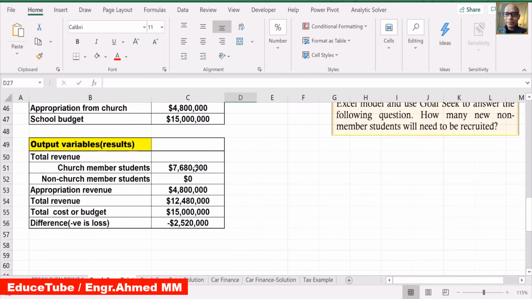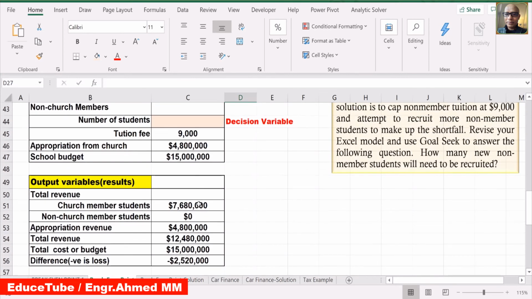Everything else is the same as before. Church member students, we did the calculation like the previous one, and the appropriation revenue will be the same. Total revenue is nothing but adding these three, and then we get the total cost, the 15 million school budget. The difference of these is this one.